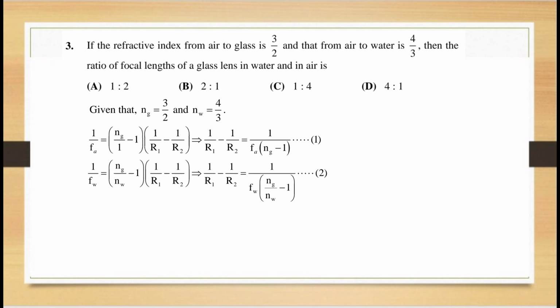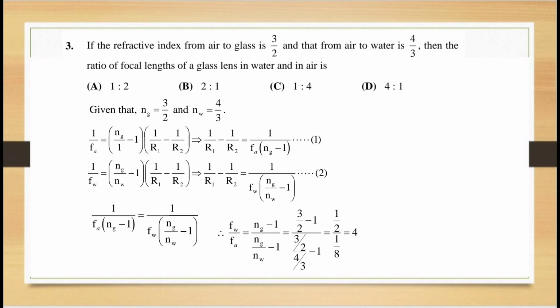So from equation 1 and equation 2, we can write 1/FA into (Ng minus 1) equals 1/FW into (Ng/Nw minus 1). Therefore, FW/FA equals (Ng minus 1) by (Ng/Nw minus 1). Now substitute values of Ng and Nw.